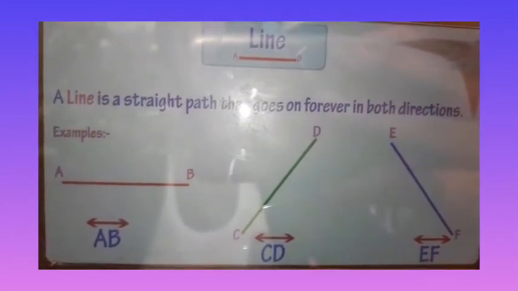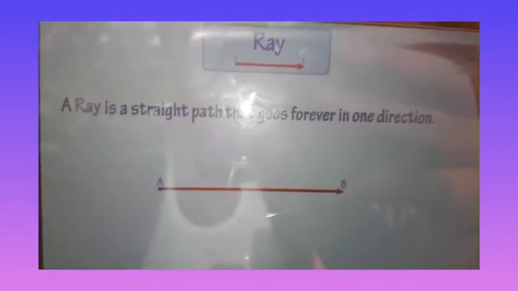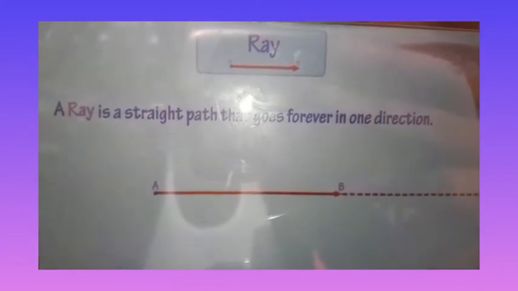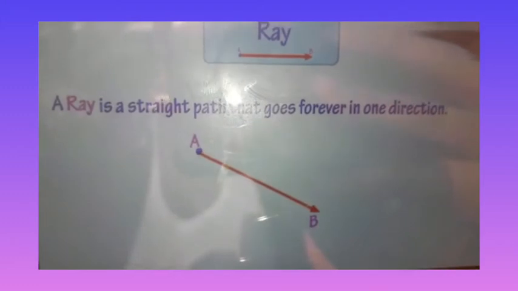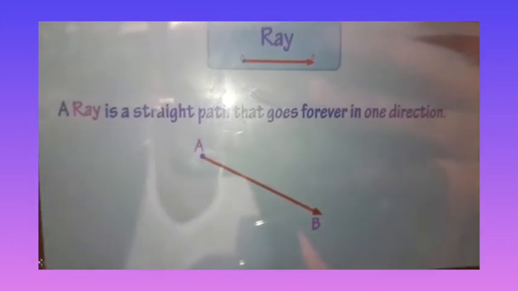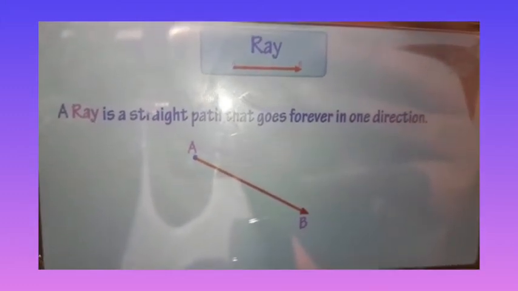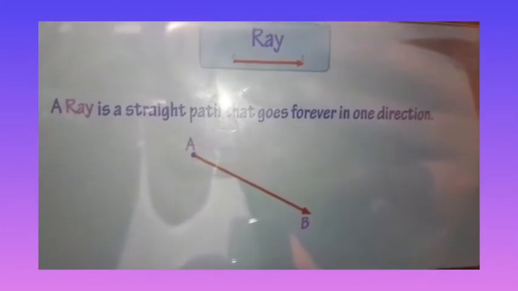Now, let's see what is a ray. A ray is a straight path that goes forever in one direction. That is ray AB. There is an endpoint on one side, and on one side there is an arrow showing.